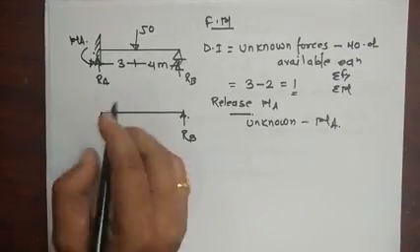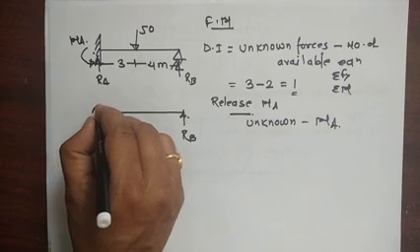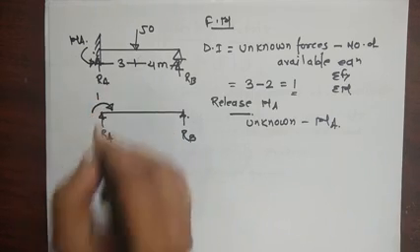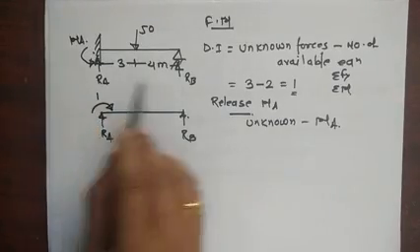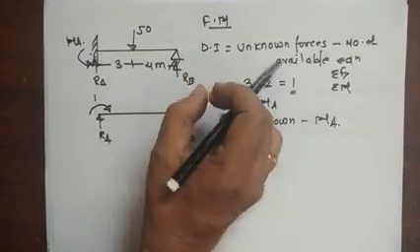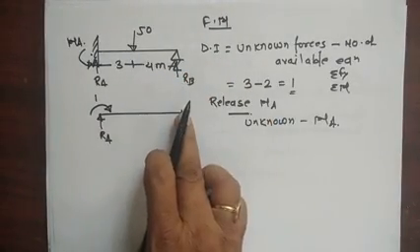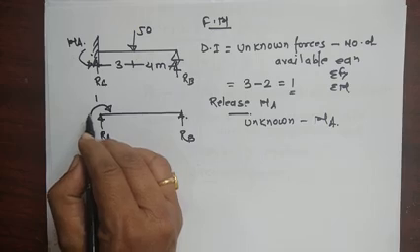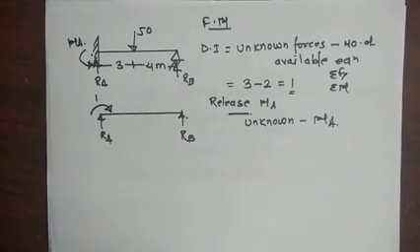You are releasing the moment, so you have to apply the unit force here, 1. If you remove the reactions, you have to apply the unit force. If you remove the RB, you have to apply the unit force at the RB. Now here we have removed this moment, so you have to apply your unit moment.